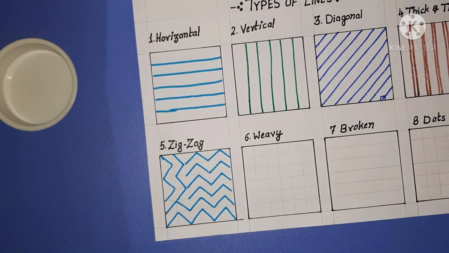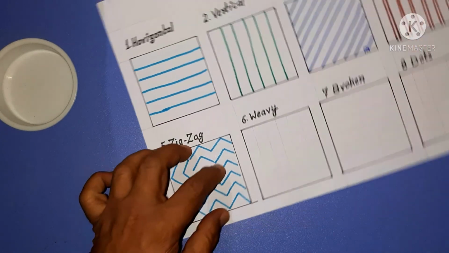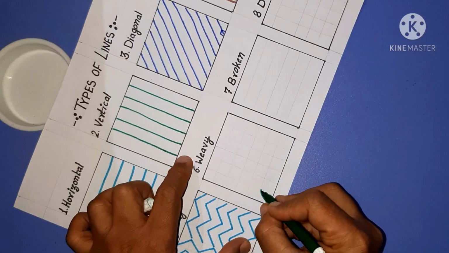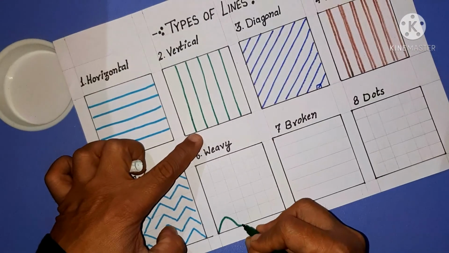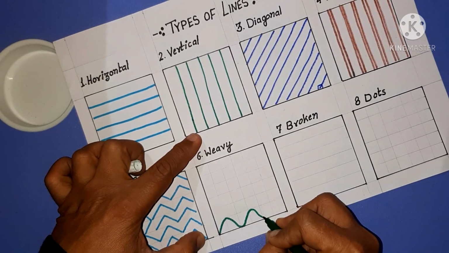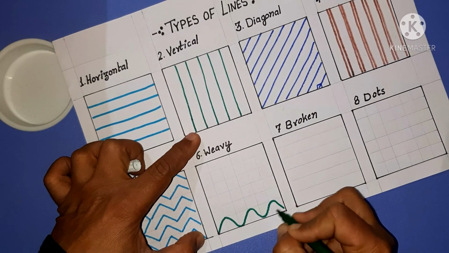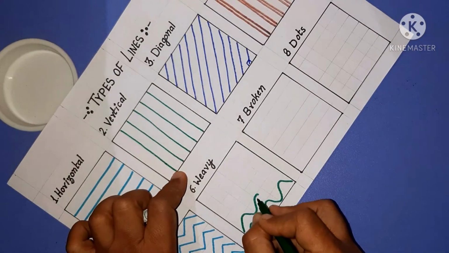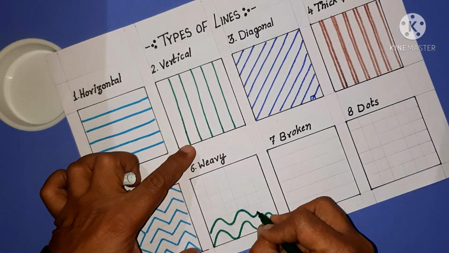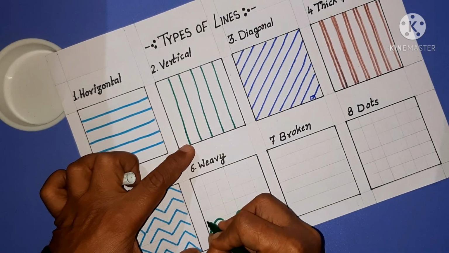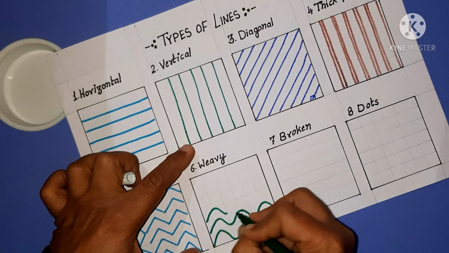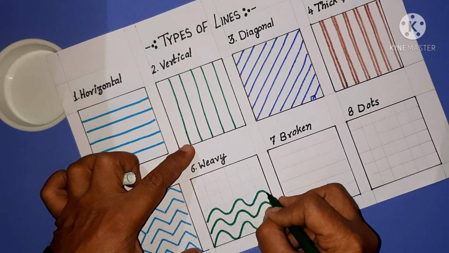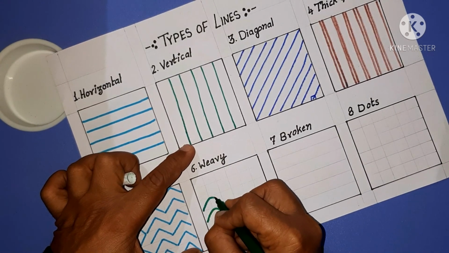Next is the wavy line. Wavy line is of course just like a zigzag line, but it has rounded corners on both ends. Again, wavy line also may be in different directions, and it creates the same impact as zigzag line creates.